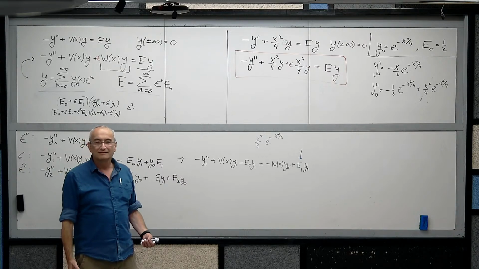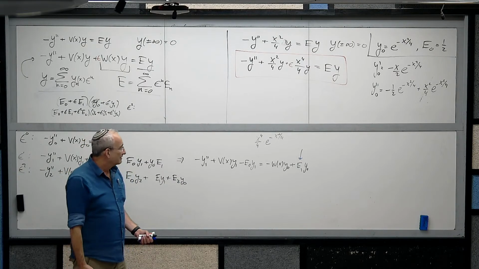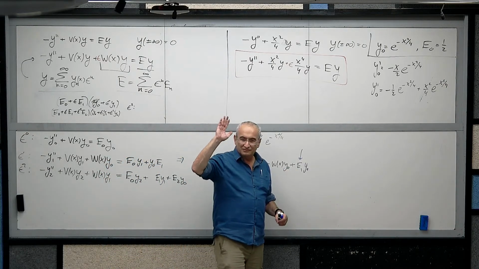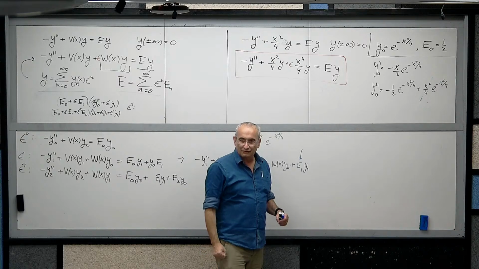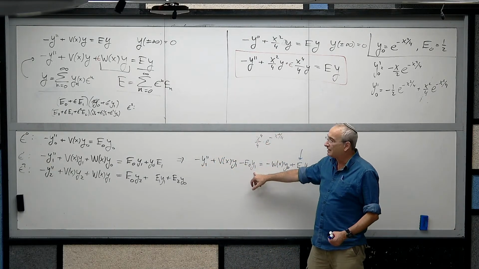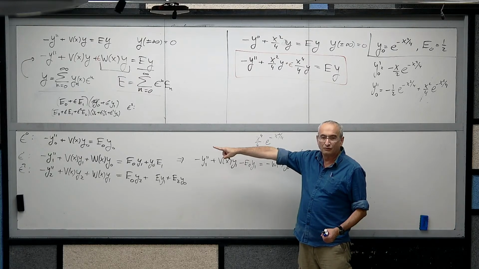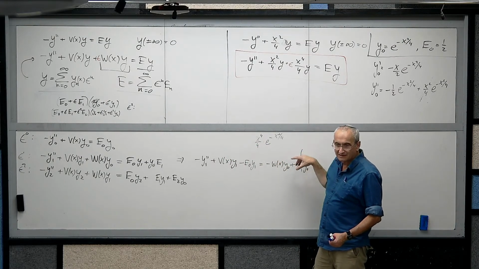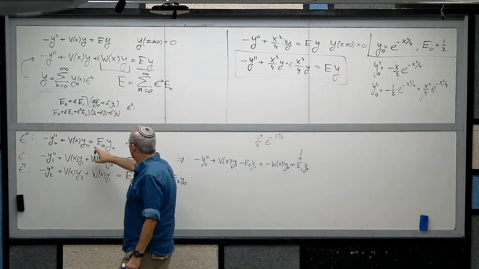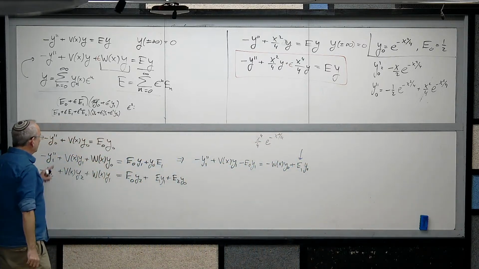Suppose somebody told me what E1 is. Then I would take the solution of the zeroth order and do variation of parameters. This is not going to work. Why? Because the solution we have specified here is only one of two solutions.